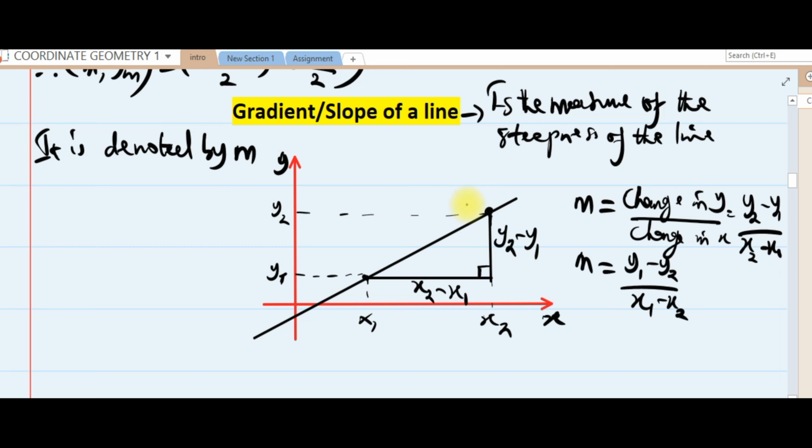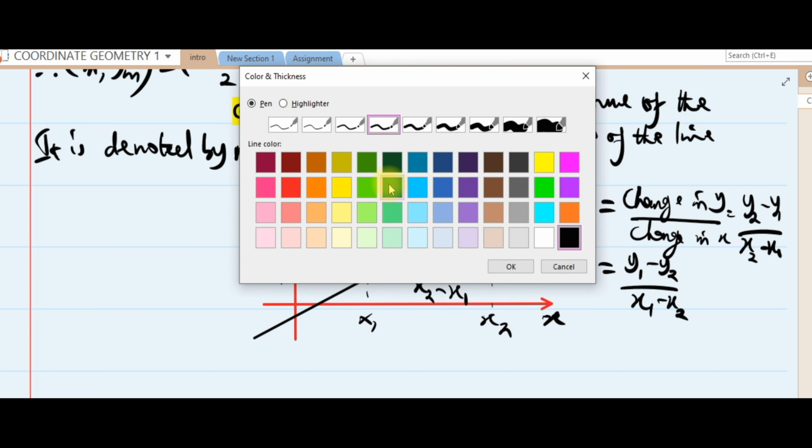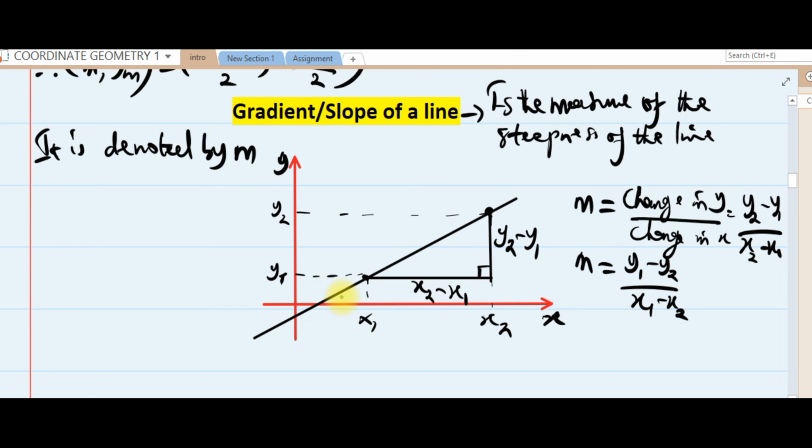Again, we want to introduce something very useful. Assuming we make an angle theta with the positive x-axis, we can still find the slope of this line in terms of theta. This is theta, the angle made with the positive x-axis. You notice that this is also theta by the corresponding angle theorem.